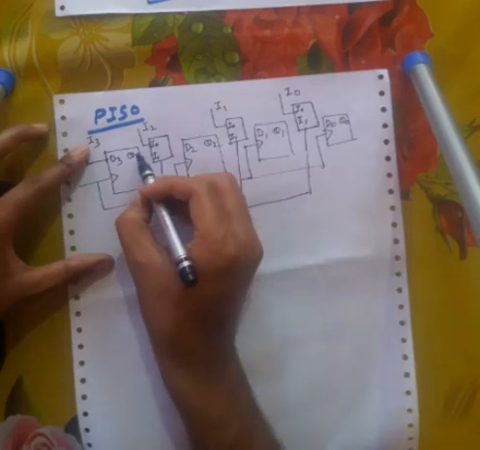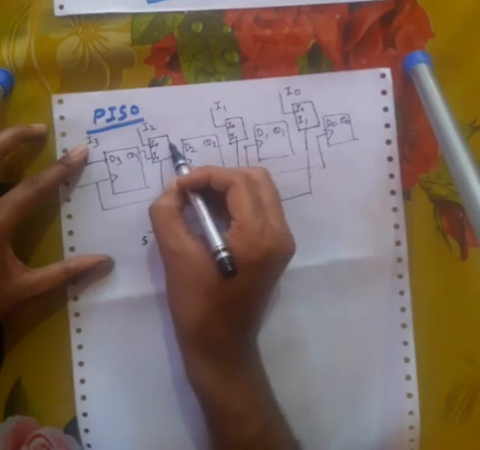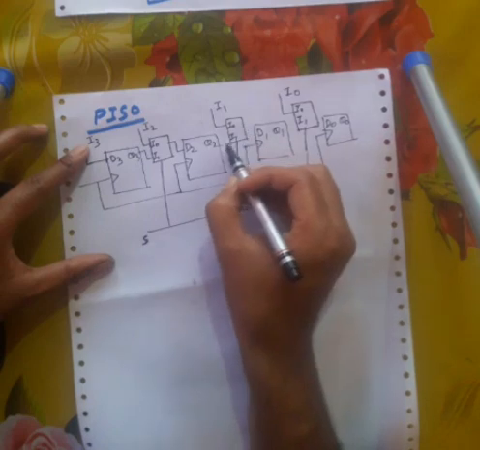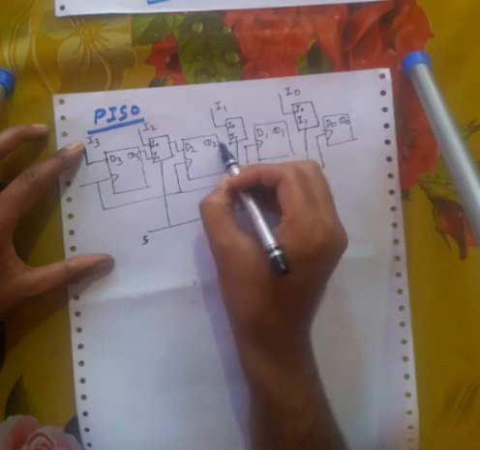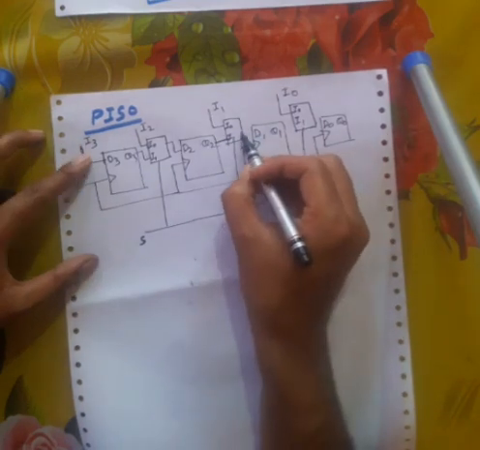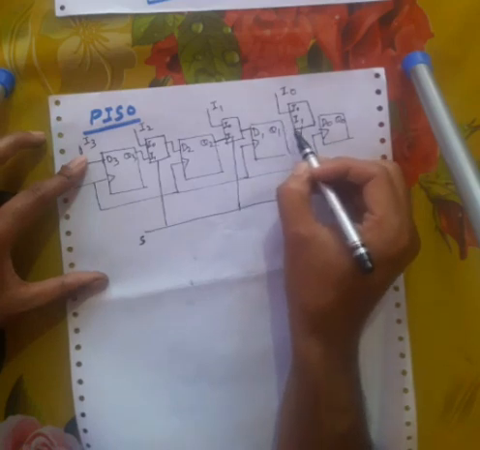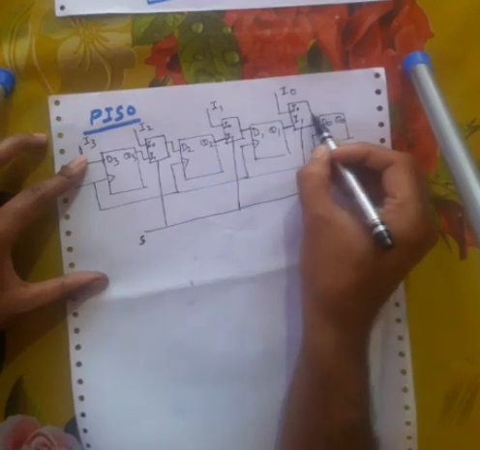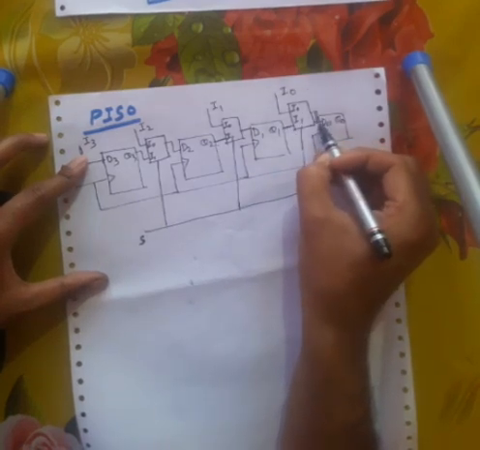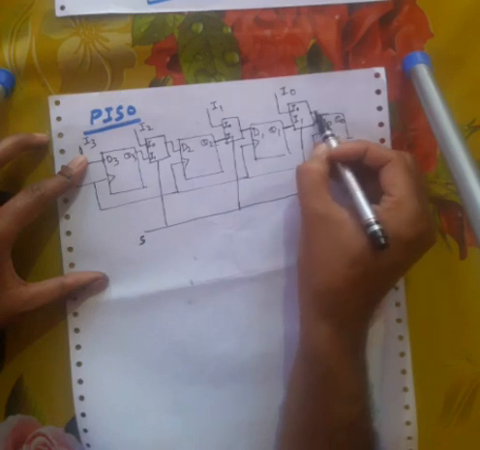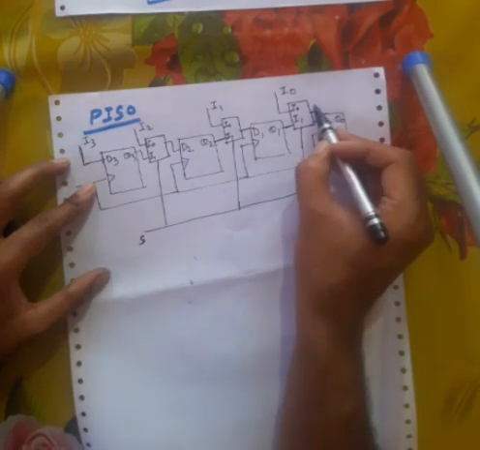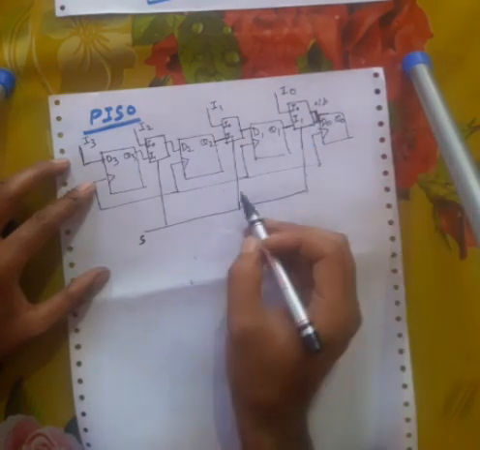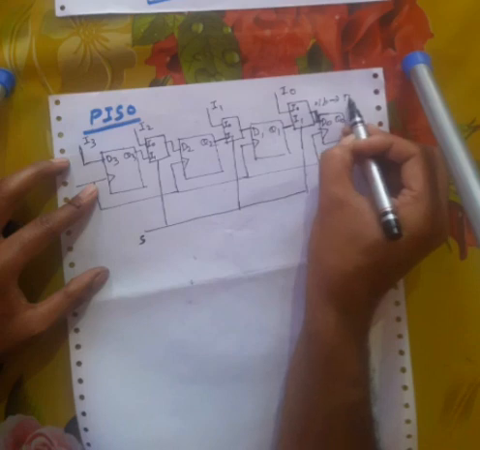Now connect output of this mux to input of this flip flop, and output of this mux to I1 of the next mux. Similarly, connect output of this to I1 and output of this to this. Connect output of this mux to D0.